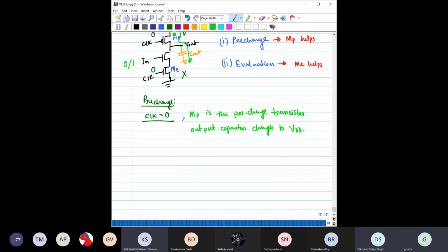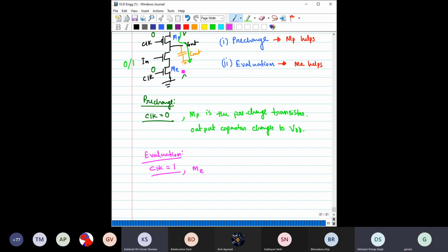Now the next stage is evaluation. So in evaluation, we make clock equal to 1.